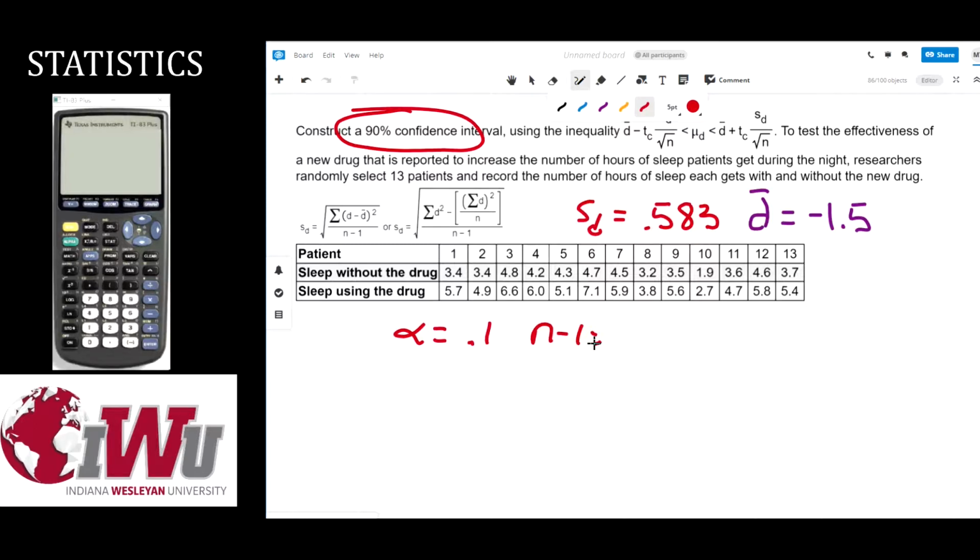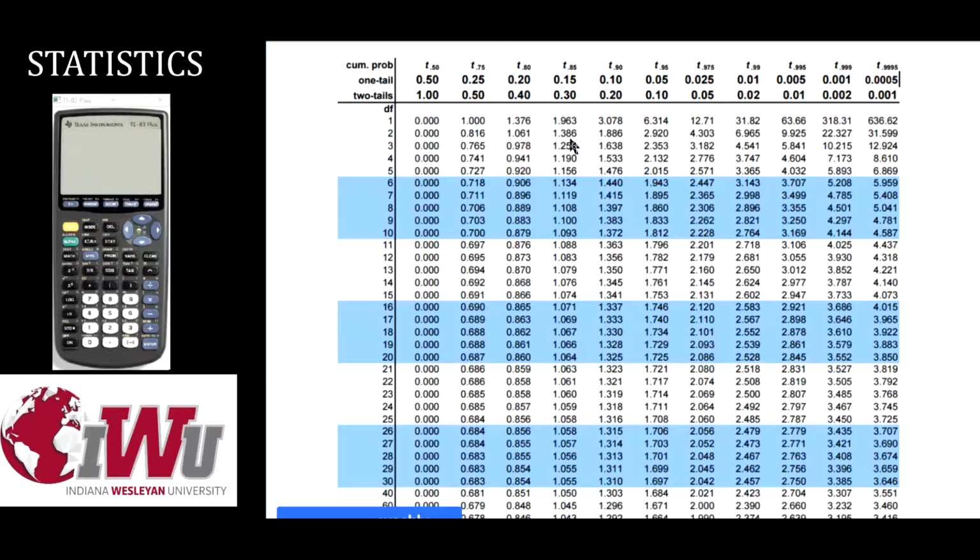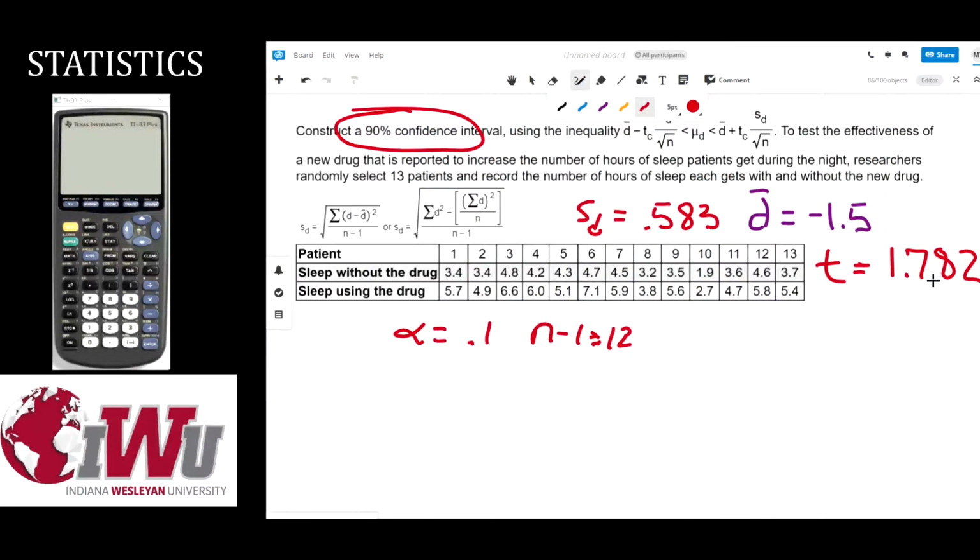So that's going to be 13 minus 1, excuse me, which is 12. So up over here, let's take a look at the t-table. Looking at the two-tail, 0.1. Again, the table kind of shows it for us. Degrees of freedom, 12. So we're looking at 1.782. T-value 1.782.